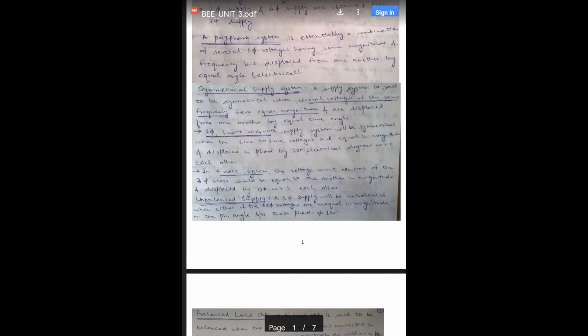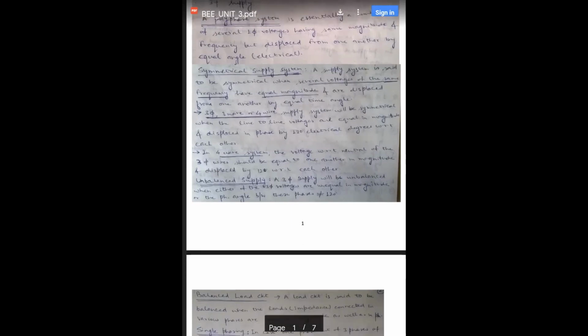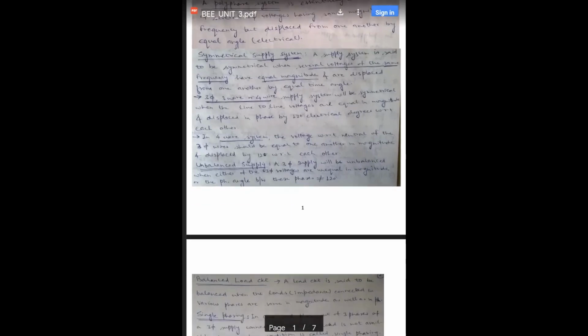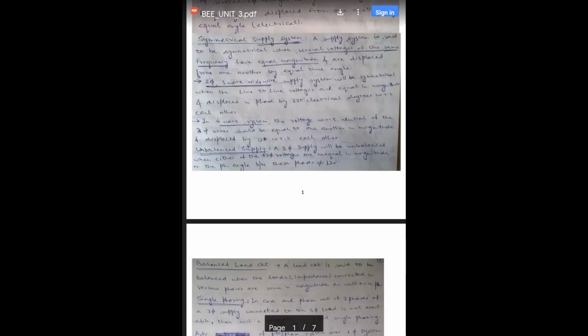So next is the symmetrical supply system. So a symmetrical supply system is when several voltages of same frequency have equal magnitude and are displaced from each other by equal time angle.